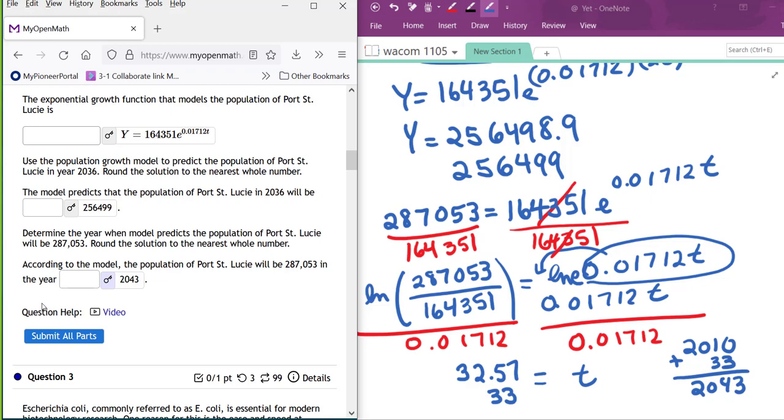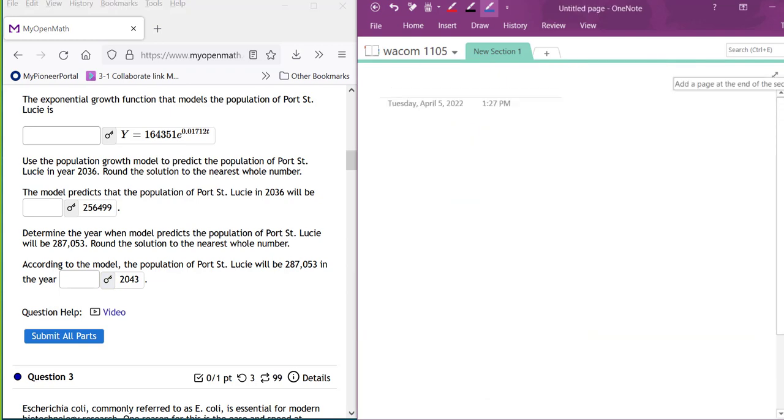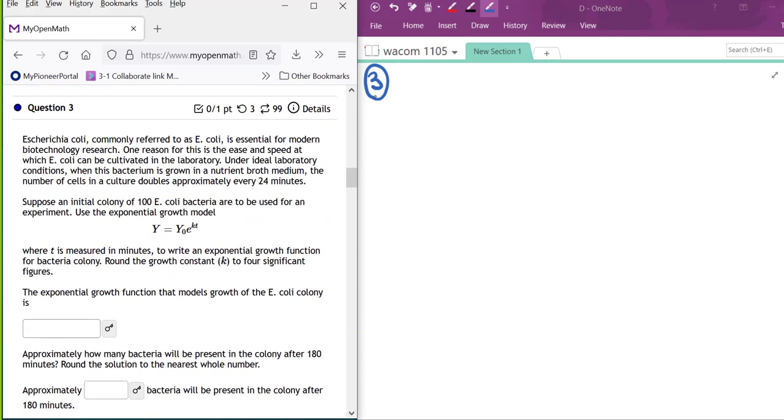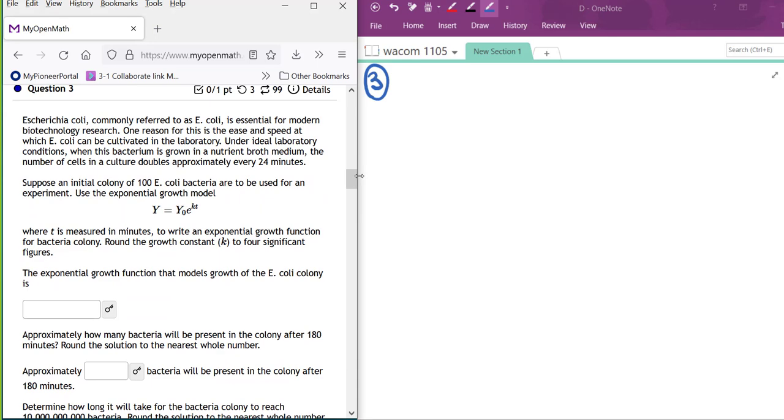All right, problem number 3. So this is something that biologists would be interested in. And this is just an application in that field.